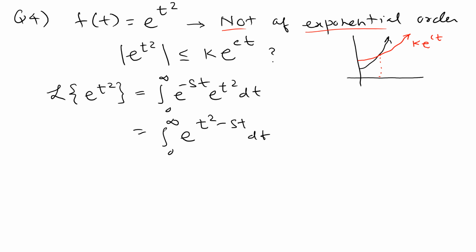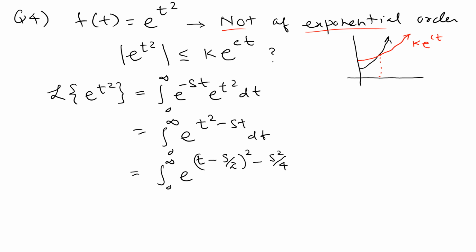Now we can use the completing square technique. We can write this as the integral from 0 to infinity of e to the t minus half of the coefficient, squared. When you do that, you get t squared and minus st, but you also get an s squared over 4 term, so you have to subtract that term to match them.